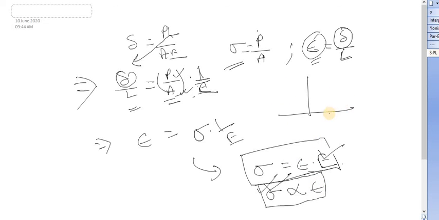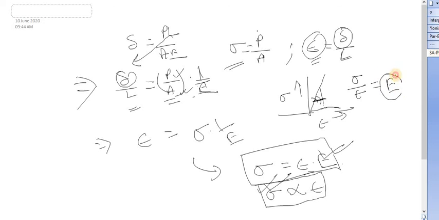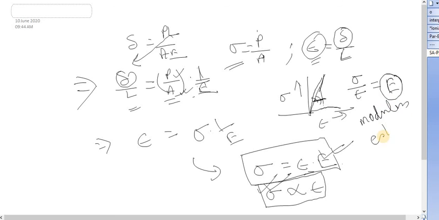Okay, so if you put this stress strain relation, it should follow this straight line, where this is your strain axis, this is your stress, and the slope is nothing but your stress by strain, and from this equation, is E. So this E is the slope of the stress strain diagram, and also known as the material property or modulus of elasticity.